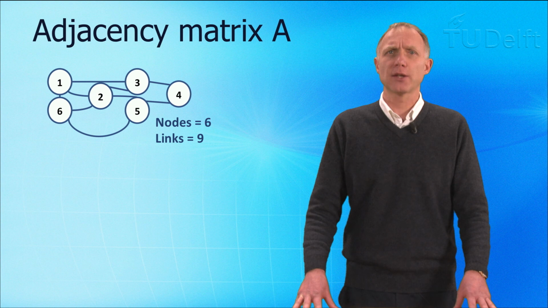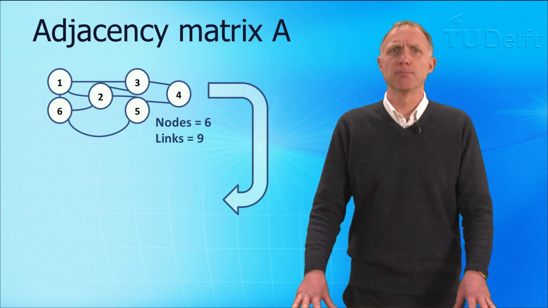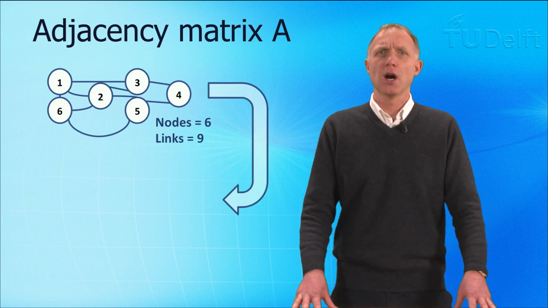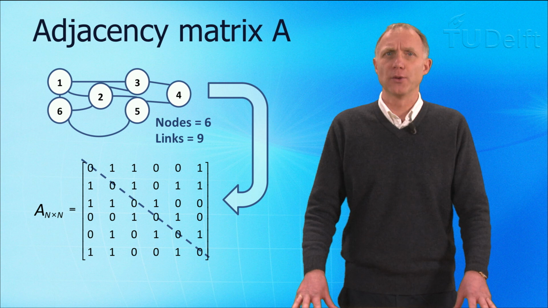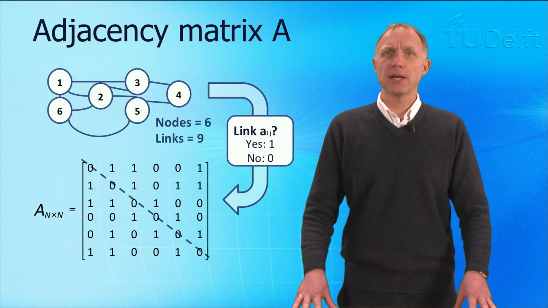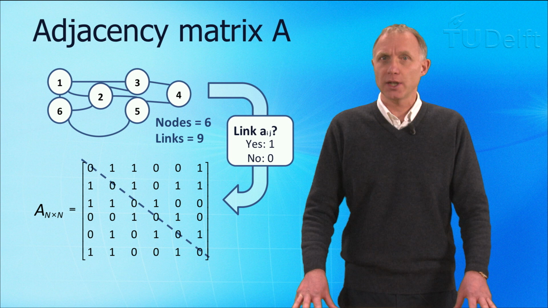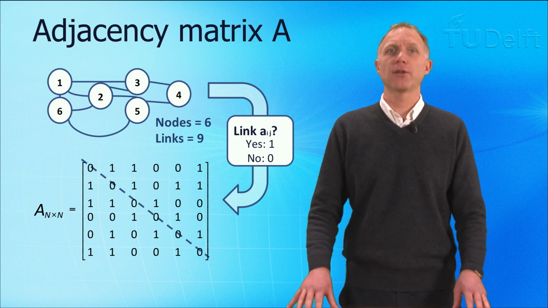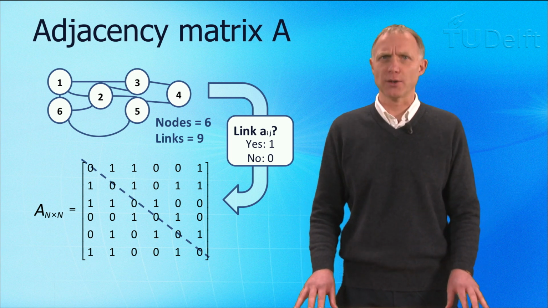The nodes of these networks are represented in both the rows and columns of the adjacency matrix. When there is a link between node i and j, then the matrix element A sub ij is 1. When there is no link, that matrix element A sub ij is 0.